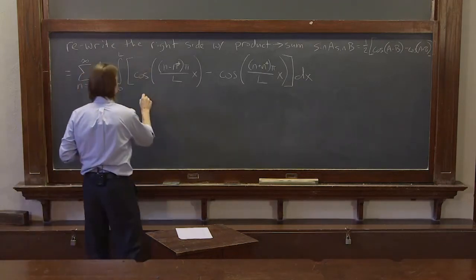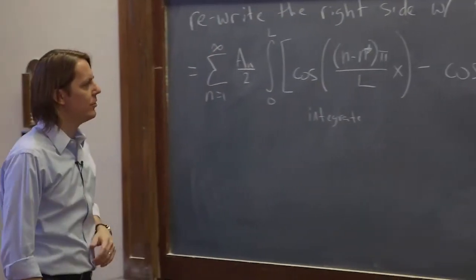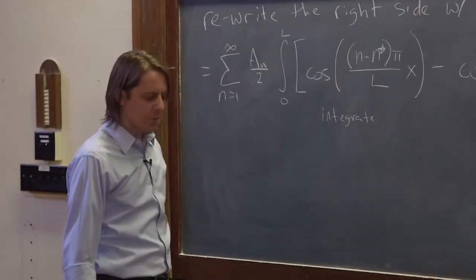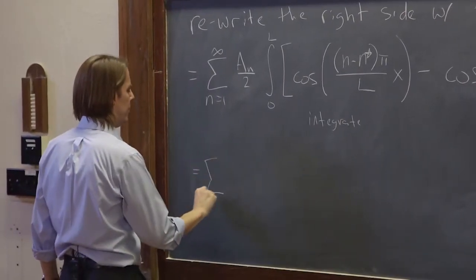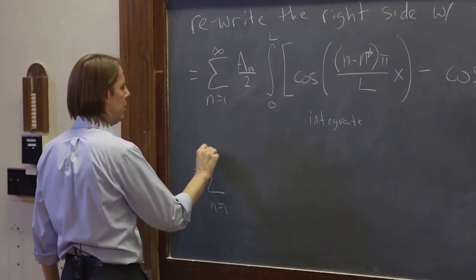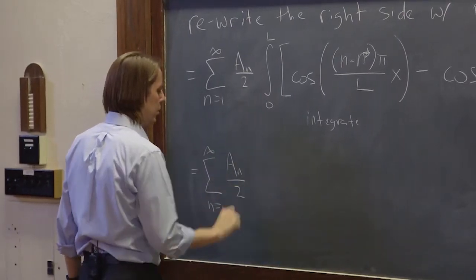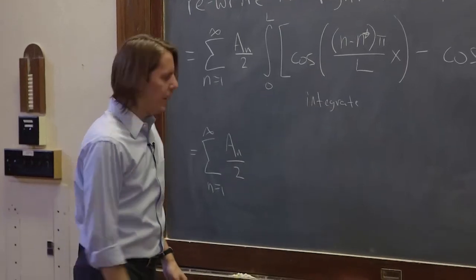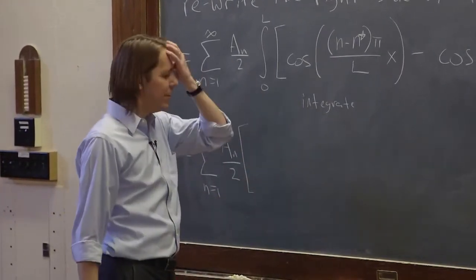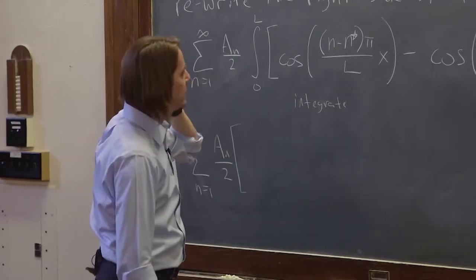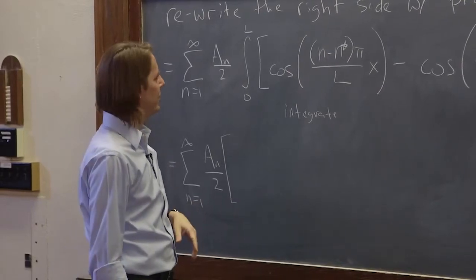So product of sum rule, that's all we did. And now let's integrate. It looks ugly, but it's actually just simple cosine integrals. That's really all it is. So this is still equal to the sum of n equals 1 to infinity a n over 2. And the thing we're left with when we integrate: the integral of cosine is going to go to sine, and we just have to divide by everything in front of the x when we take that derivative.